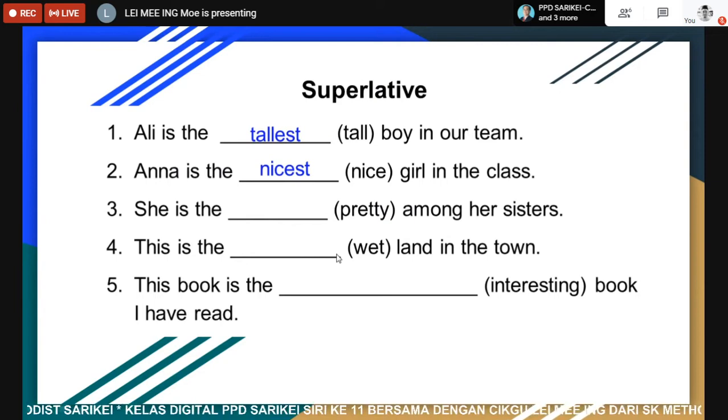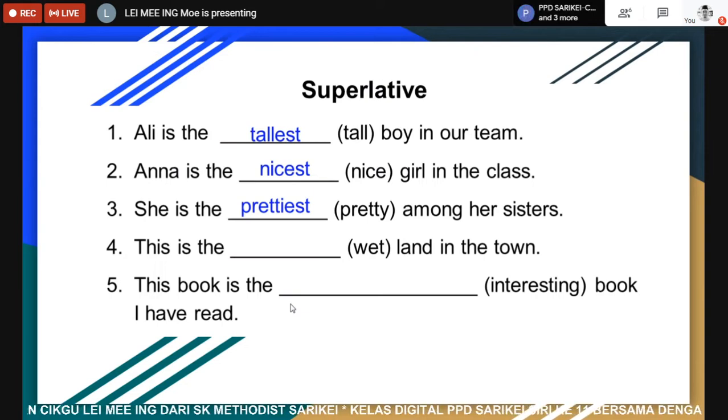All right. The answer is prettiest. We have Y as the last letter here. You drop your Y. Remember, you need to add IEST. All right. Good. A lot of you answered prettiest. The correct answer. Well done.